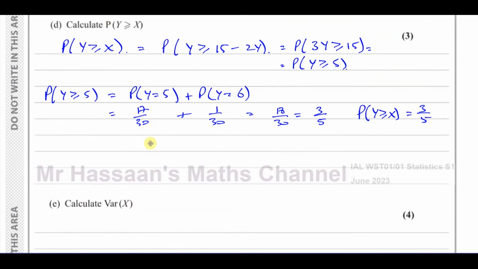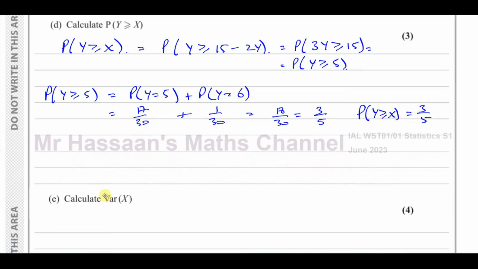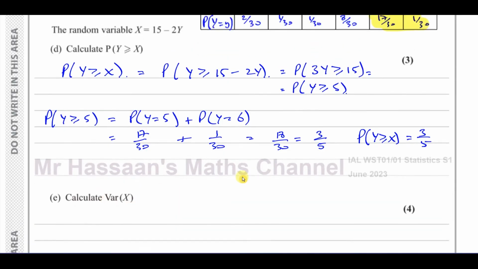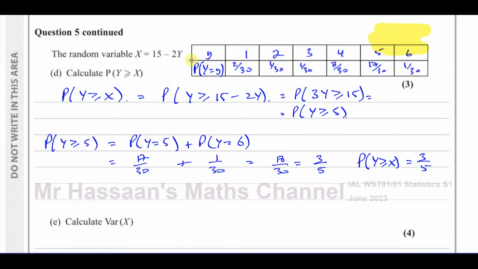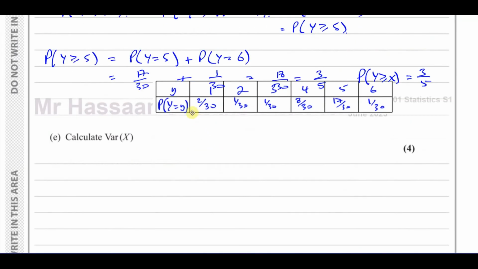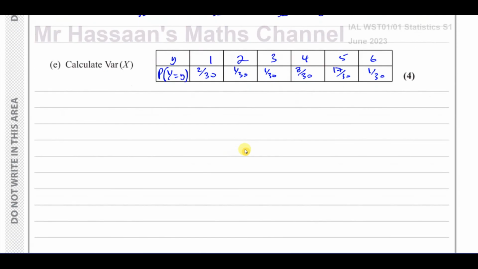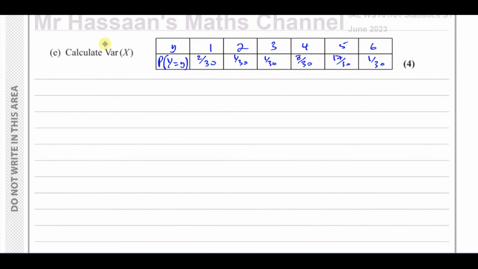Now we're going to go on to part E. Calculate the variance of x. I'll borrow this table and put it down here. Now from this table we can find the variance of y.